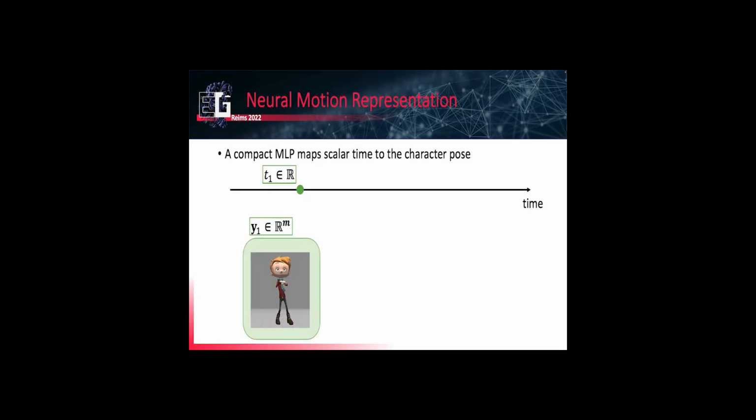We do this by training an implicit neural representation of character motions that predicts the pose of the character from a scalar time t. Here, the character pose is represented as an m-dimensional vector that contains root and relative translations and rotations of each joint. Now we have input and output.